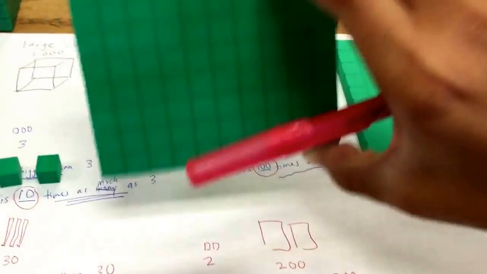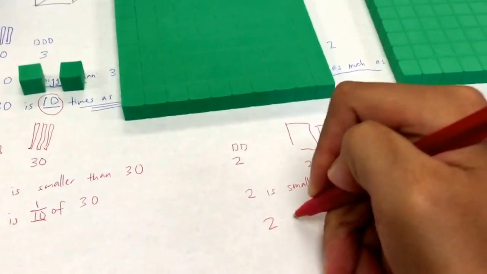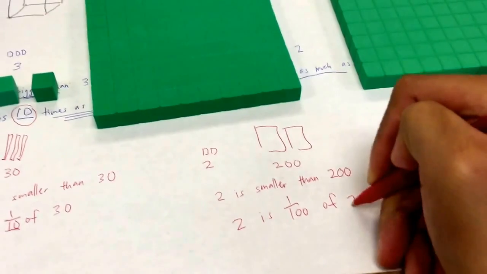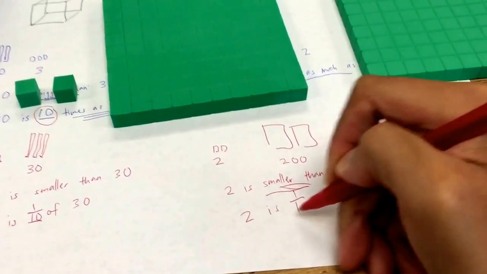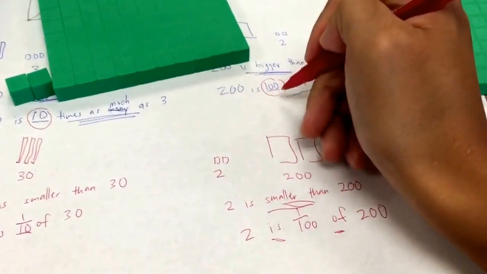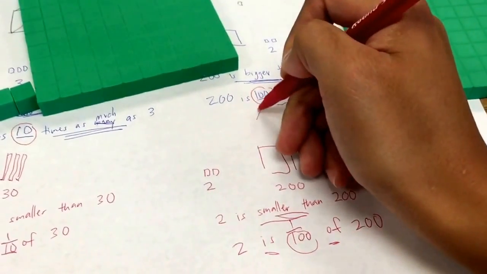If I were to break this apart into small cubes, I would have 100 of them. So 2 is 1/100th of 200. Now we already know when you see smaller than, it's blank of, and we got that 100 using the same one up here.